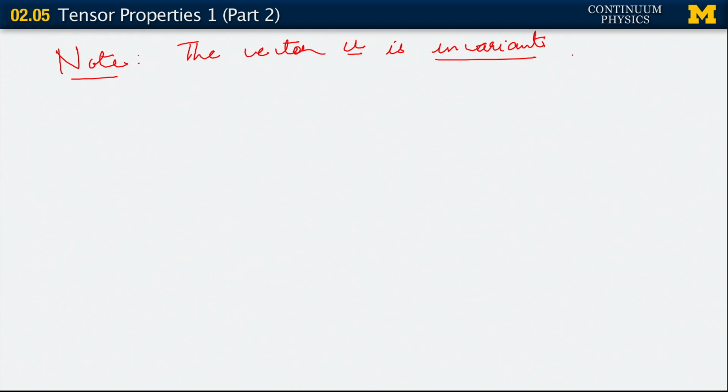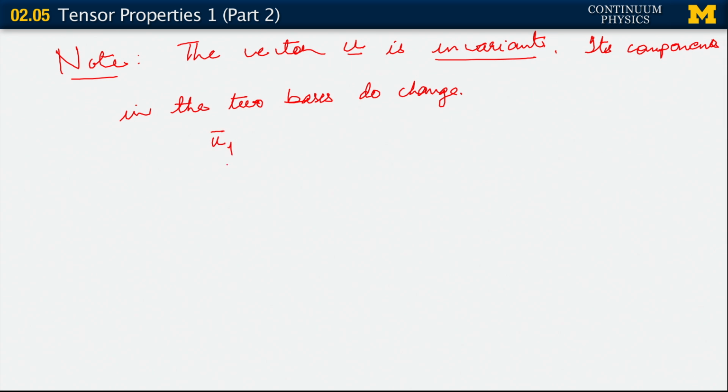What changes are its components in the two bases. How do they change? Exactly the way we wrote it before: U bar_j equals Q_kj U_k.